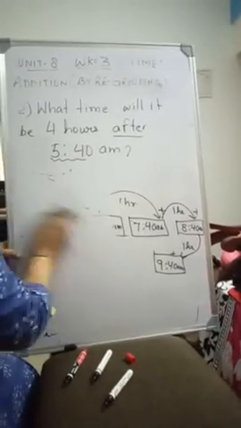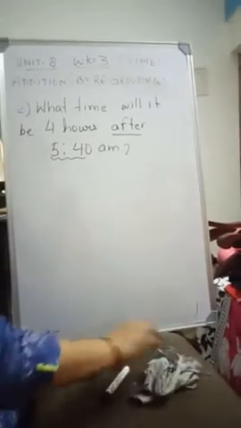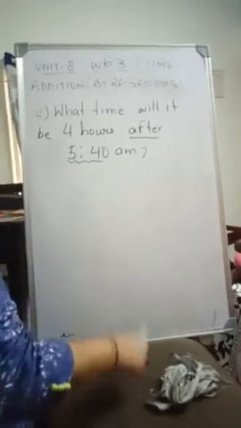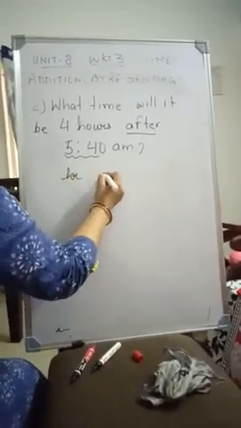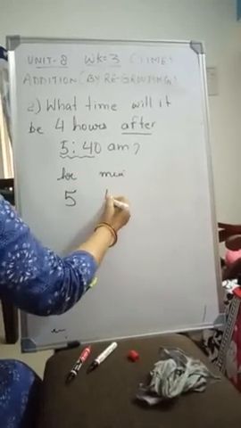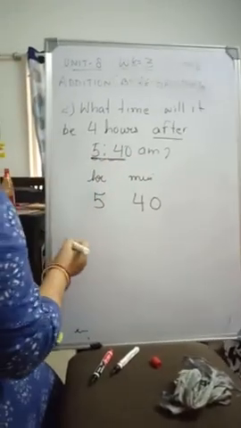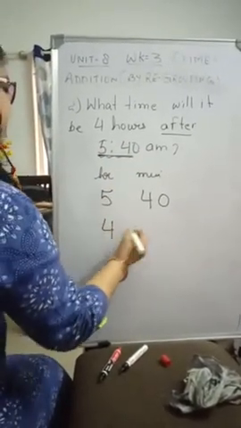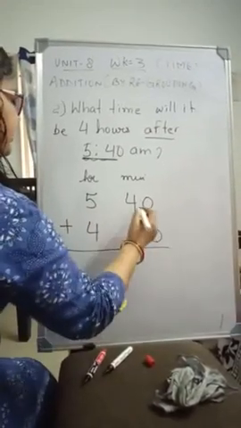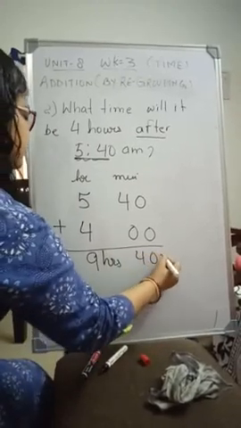So what I have done here in order to get the time? I have added hours and minutes. I have added 4 hours with 5 hours 40 minutes. This is 5 hours 40 minutes, right? And I have added 4 hours with it. So what have I got? 9 hours 40 minutes.